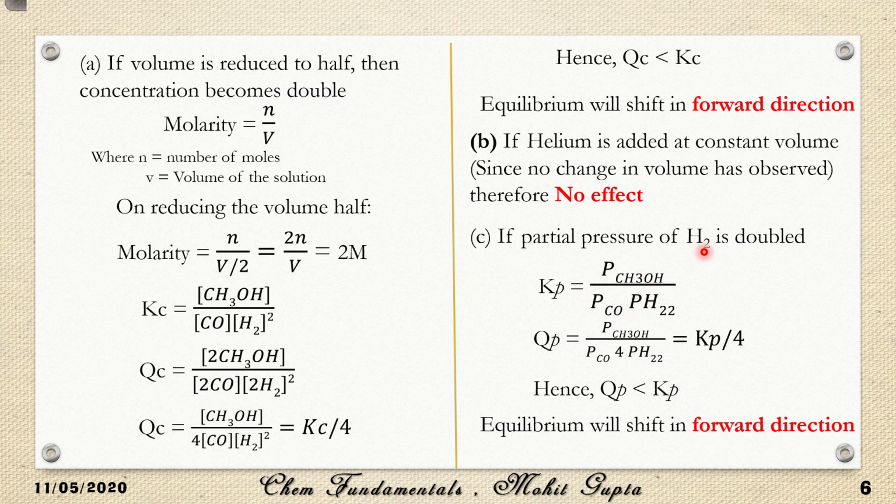If we increase the partial pressure of H2 to double, it will become 2 squared, which equals 4. So we can write Qp is equal to Kp divided by 4. Here again Qp is lesser than Kp, and since Qp wants to be equal to Kp, it will try to increase, and to increase it has to move in the forward direction.